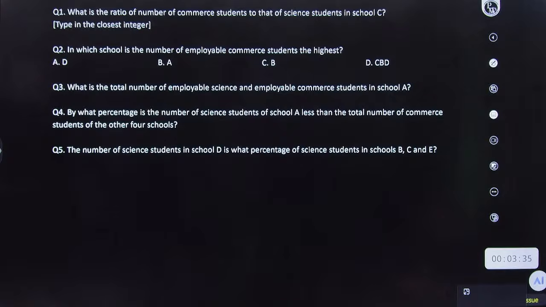Right, Atharv. Any luck, guys? Able to solve it? Last 3 minutes.